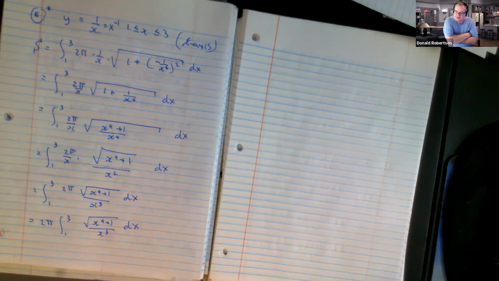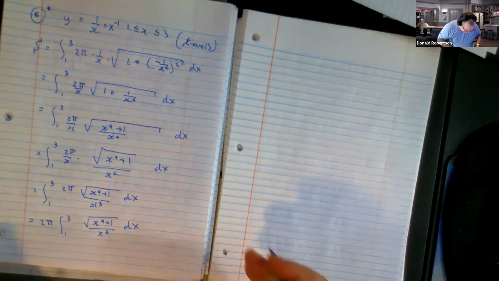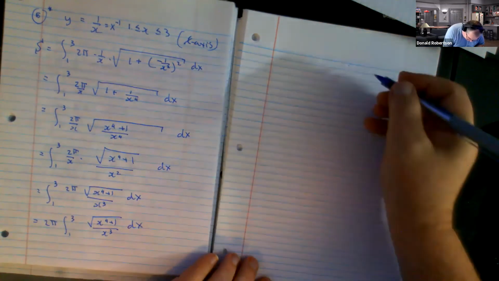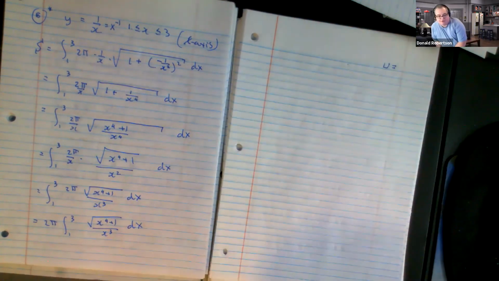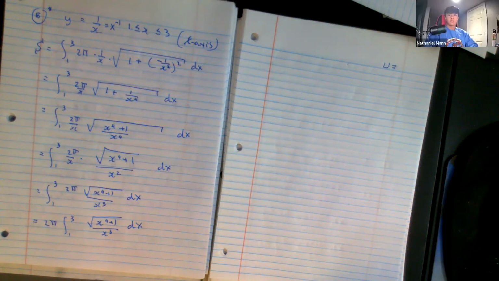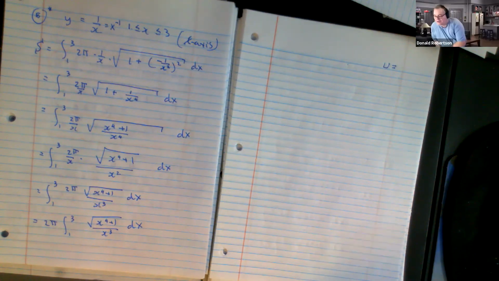You get extra double, triple brownie points if you can tell me what the u sub is. And I'll tell you right now who it's not. It's not x cubed, it's not x to the 4, and it's not x to the 4 plus 1, which are all very good candidates for many other questions, but not this one.